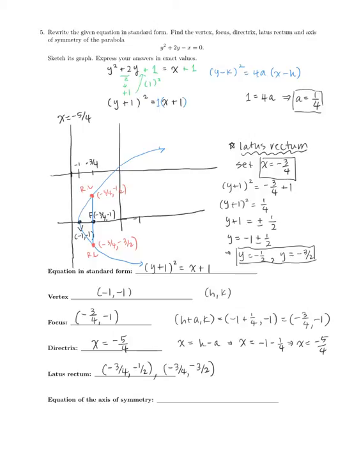Okay, so this will be our axis of symmetry. That's nothing but a horizontal line going through -1. So the equation of the axis of symmetry is going to be y = -1.